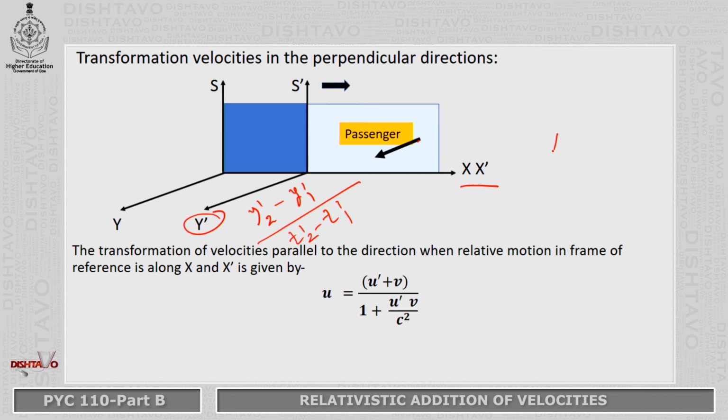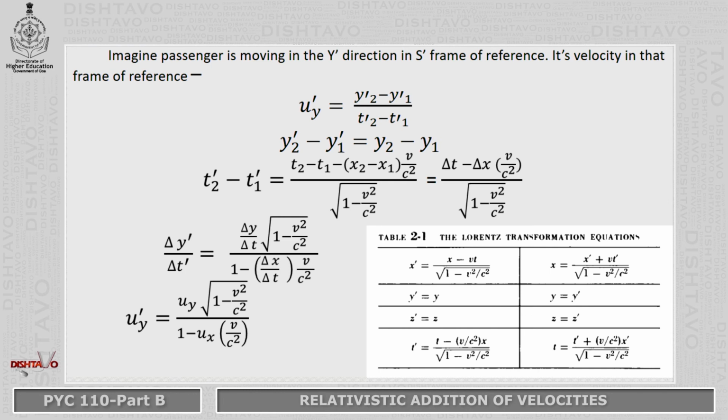So, this is basically delta y prime by delta t prime, which is nothing but uy prime, the velocity. This particular strategy we will use with the Lorentz transformation equations. Again, these transformation equations are given in the table. So, uy prime is equal to, as I have mentioned in the previous slide.